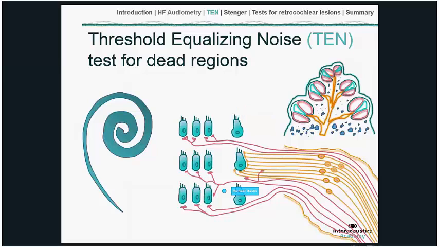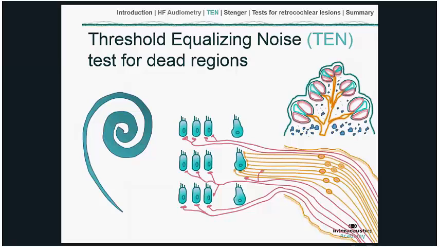Whereas if there was inner hair cell dysfunction, then no matter how much amplification we provided, it might be that the sound energy could never be converted into a nerve impulse. And so if there's a region on the basilar membrane that has such inner hair cell dysfunction, then a hearing aid may not be the best option, or certainly it may require a different strategy to the fitting of that hearing aid.